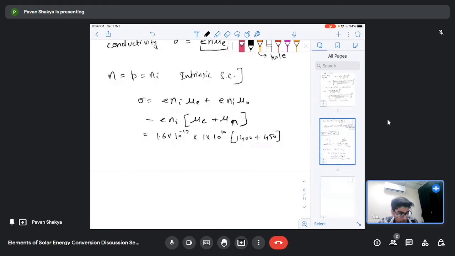If we solve this, we find that sigma comes out as 3 into 10 to the power minus 6 ohm inverse centimeter inverse.